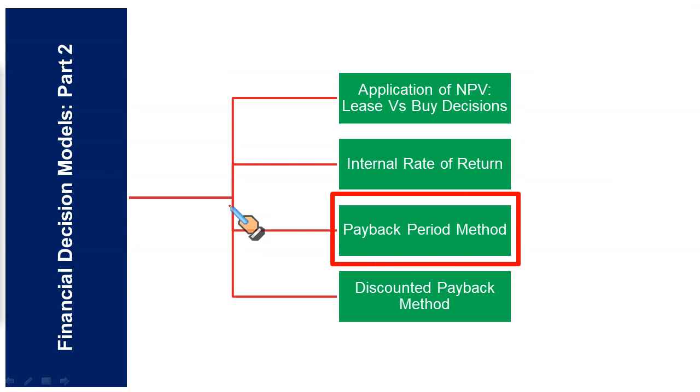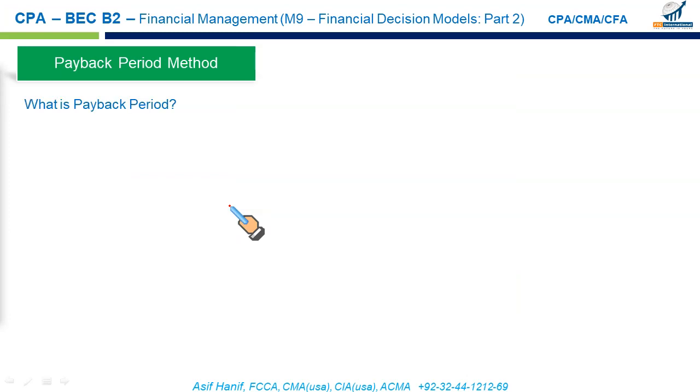Next, we have the payback method, or payback period method. Payback basically means the time required, or time taken, by a project to repay the initial investment. Let's say I have invested $100,000 in a project and this project is 10 years long.